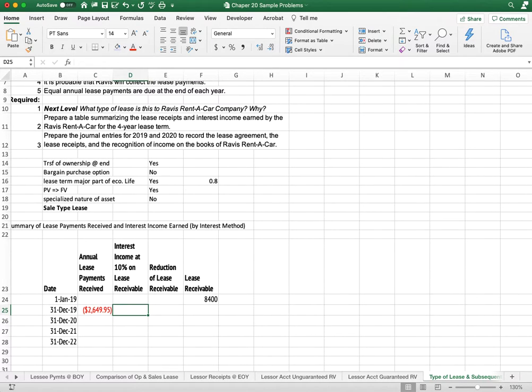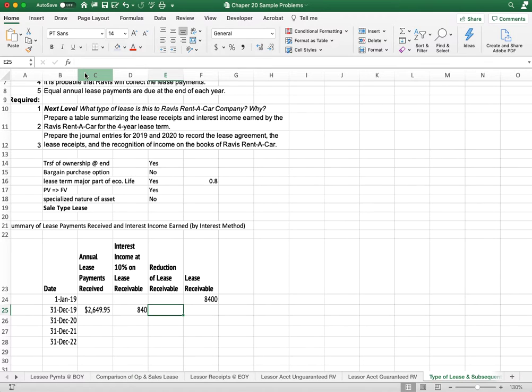Then we also need to calculate the interest income at 10% of the lease. And so we'll say equals the previous balance times 10%. The lease reduction, and I'm just going to change this to a positive, there we go.